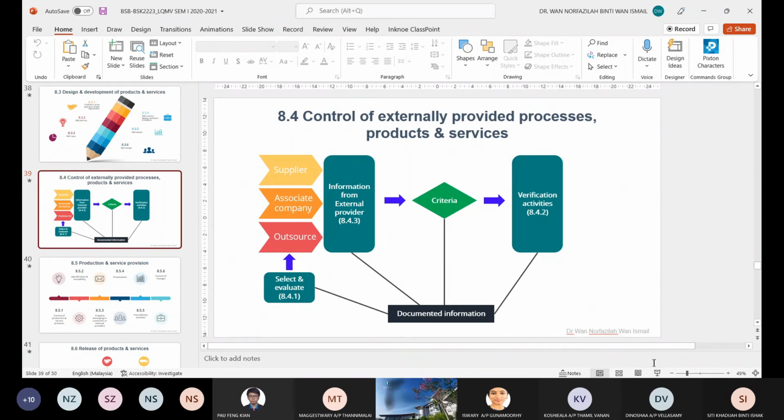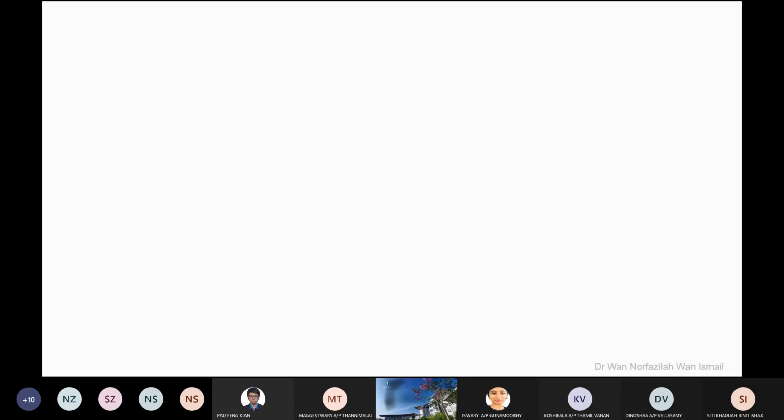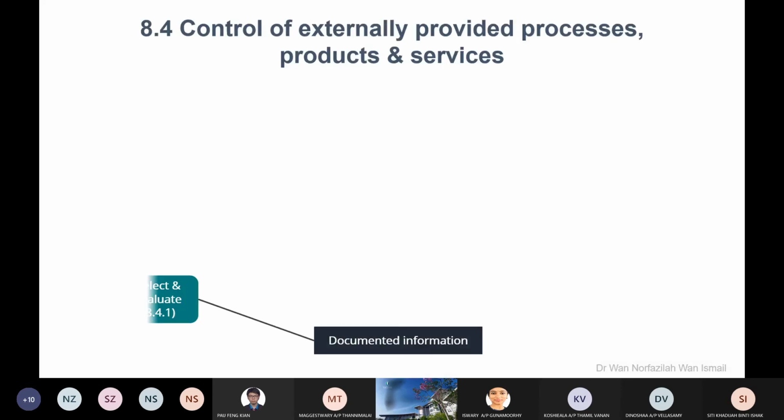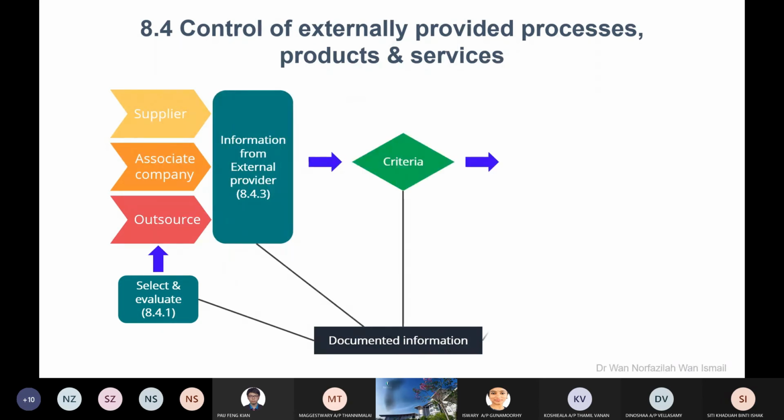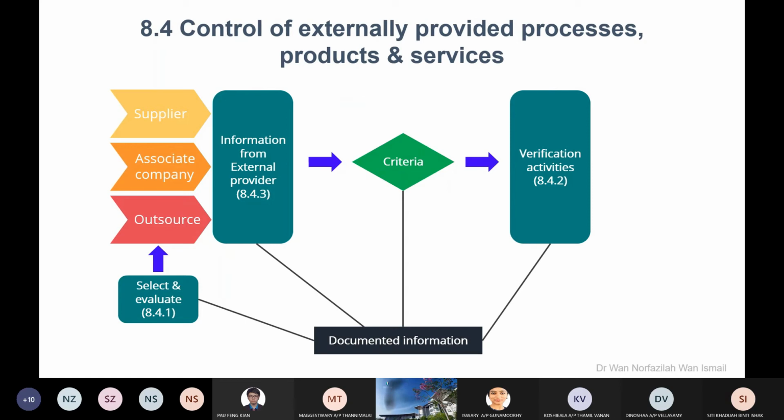So let's go to this one. Since you already understand what is meant by externally provided processes, products and services, we have here supplier, as written by Nur Amira Akilah and Dino.